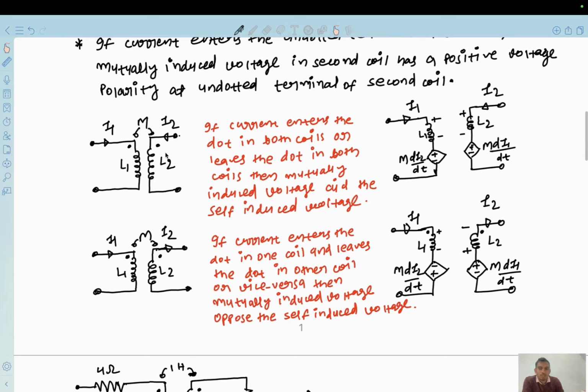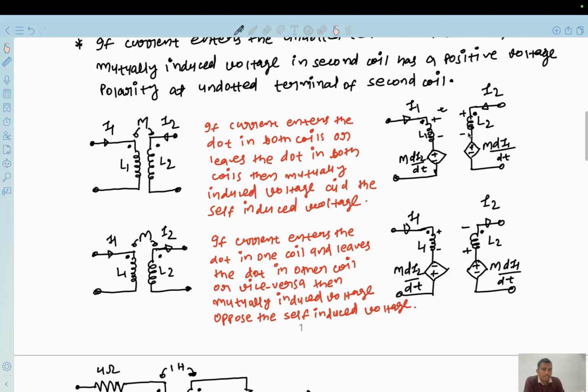Let us suppose there are two coils, and if current enters the dot in both the coils or leaves the dot in both coils, then mutually induced voltage adds to the self-induced voltage. What does it mean? Let us suppose current I1 enters the dot in the first coil, and this plus minus is the polarity of self-induced voltage.